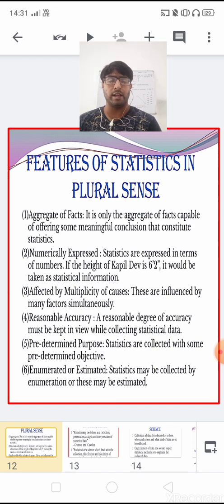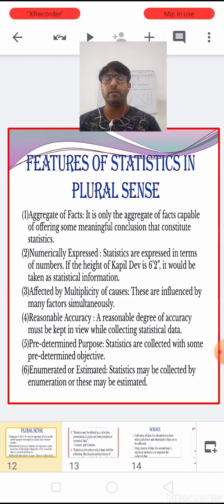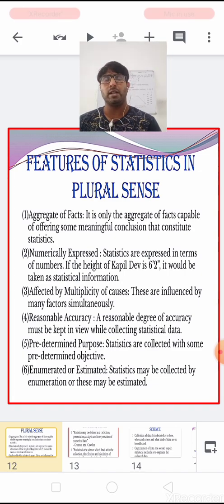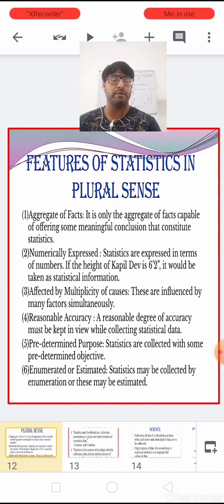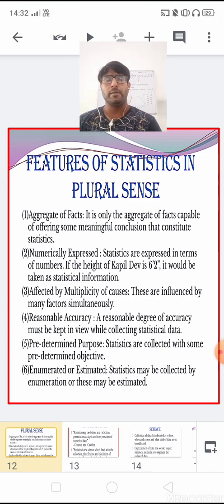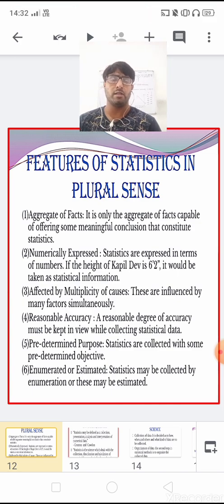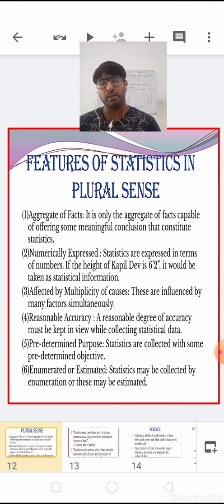When we are conducting any statistical inquiry, we have to collect the data, the various facts, and when we summarize all these facts, it is called statistics in the plural sense.